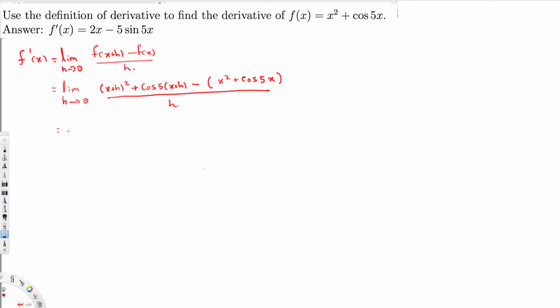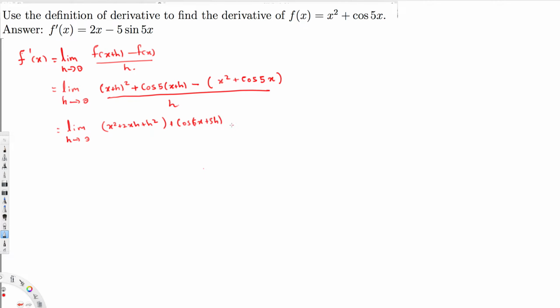Now I can simplify this one. Limit h approaches 0. This is going to be x square plus 2xh plus h square, and we have cos 5x plus 5h.